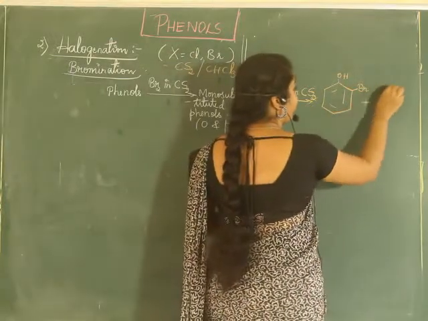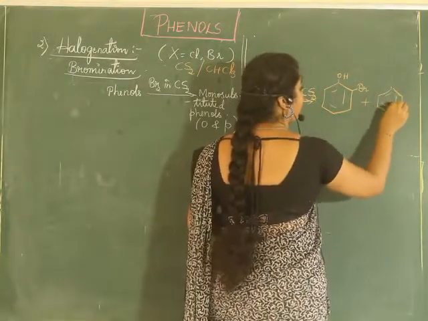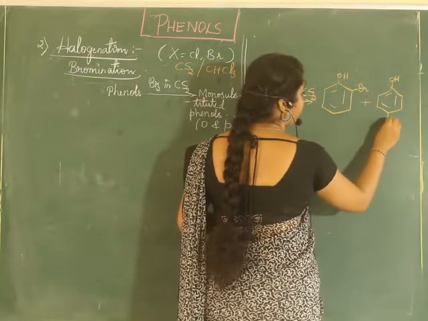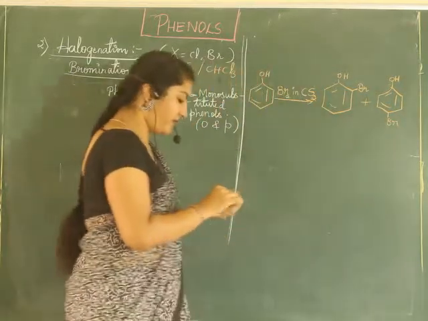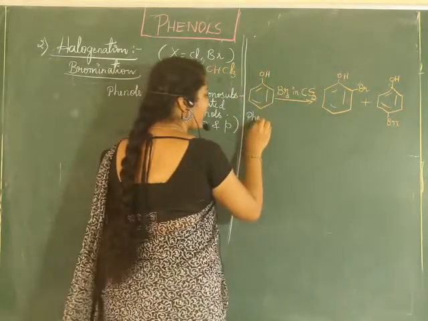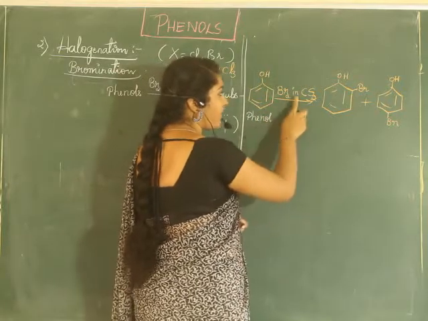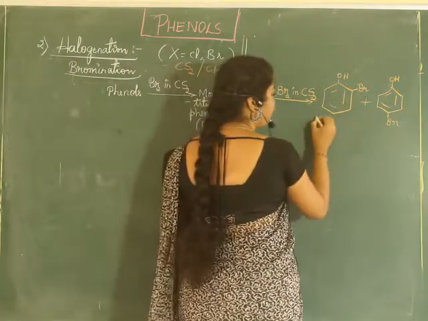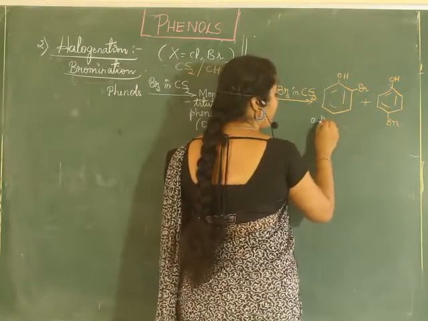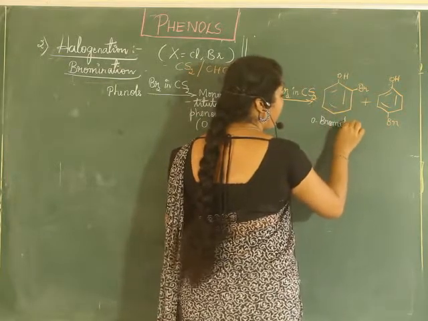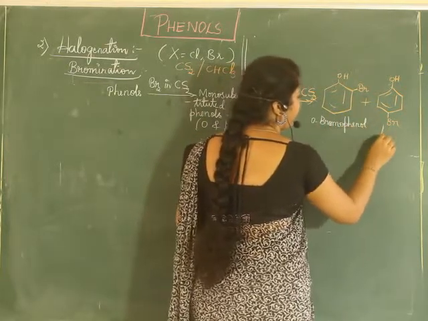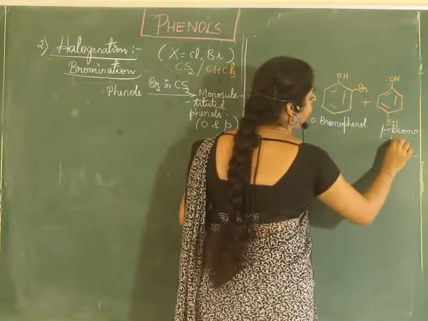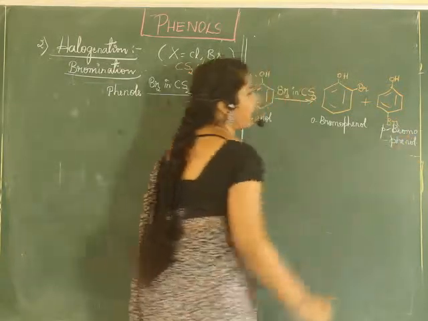So this is phenol. Phenol is treated with bromine in carbon disulfide at low temperature to form ortho-bromophenol and para-bromophenol. Clear?